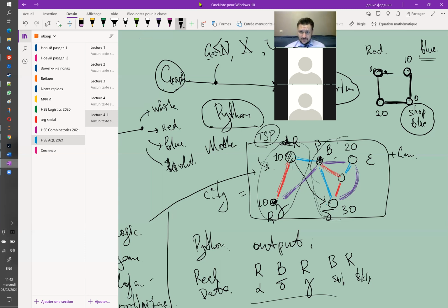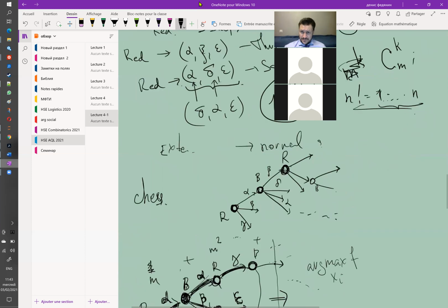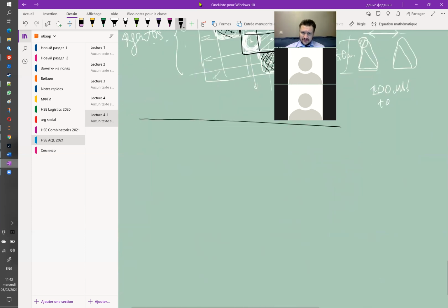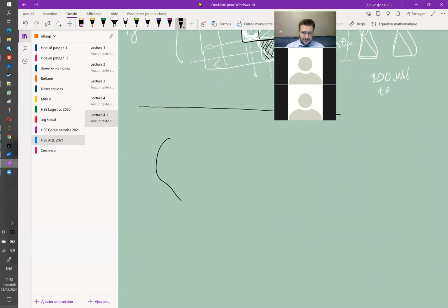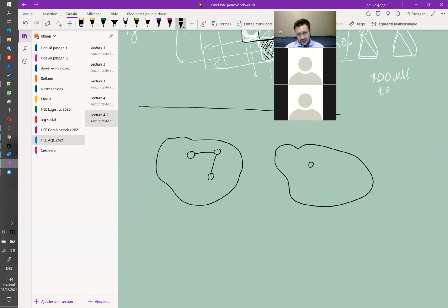What kind of graphs? To describe this situation, we have one situation when there is a road, and one situation when there is no road here. So two different variants of our city, and maybe our agent cannot distinguish them.